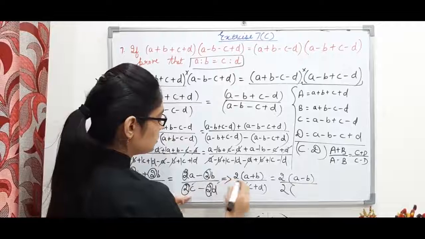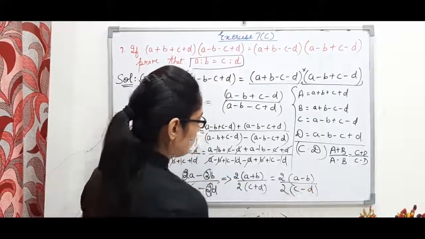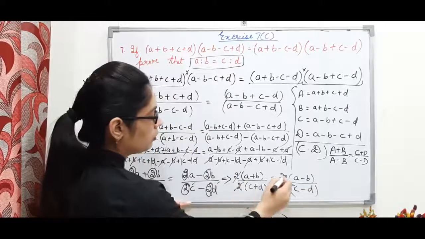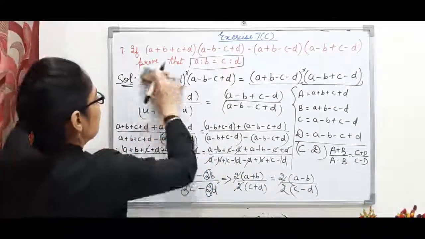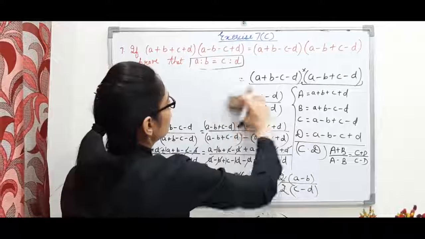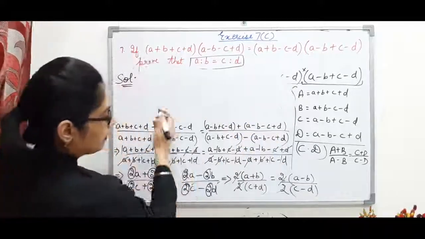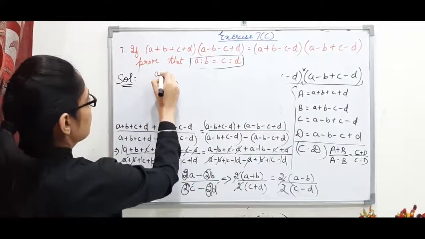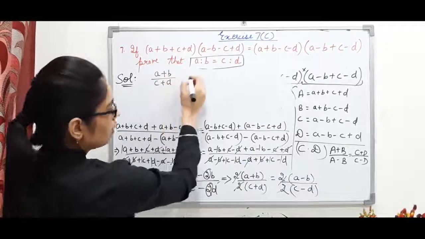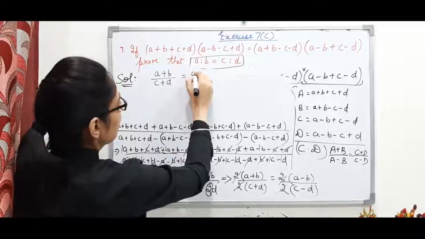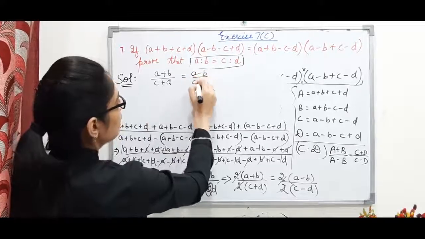So remaining terms c minus d as it is I will write. So 2 and 2 will get cancelled. After cancellation, I am left with a plus b by c plus d. It is equals to a minus b upon c minus d.